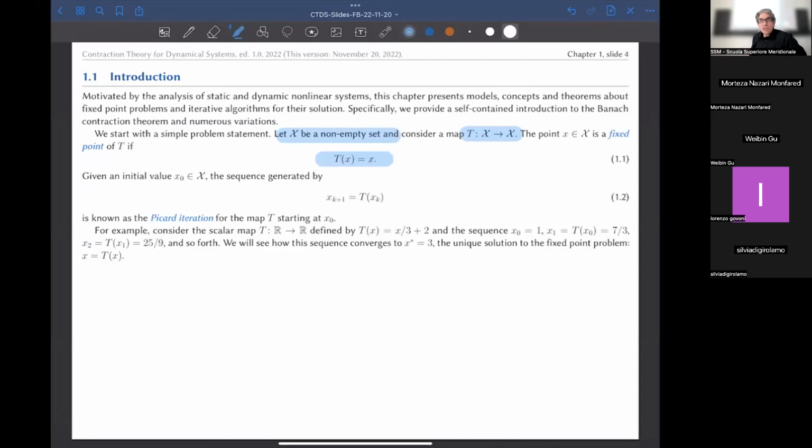And one strategy to try to find a fixed point is to execute the Picard iteration. So you take an initial condition x0 and you iterate the map T. It could converge. Oftentimes it does not, and many other times it does. It'll be interesting to understand when it is true that the Picard iteration does converge to the fixed point.